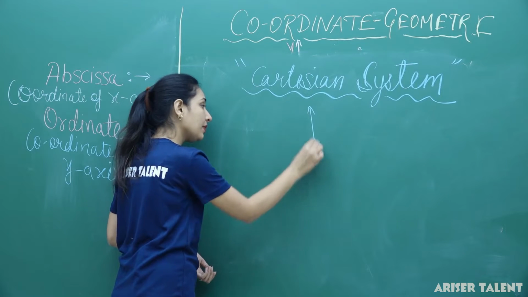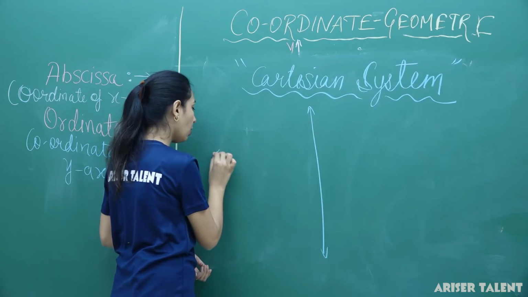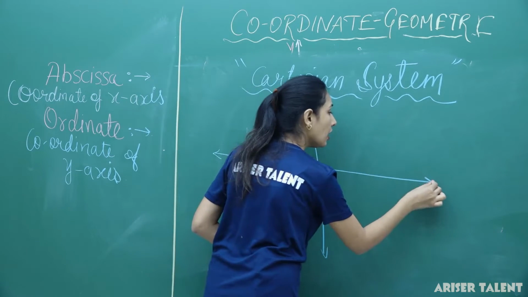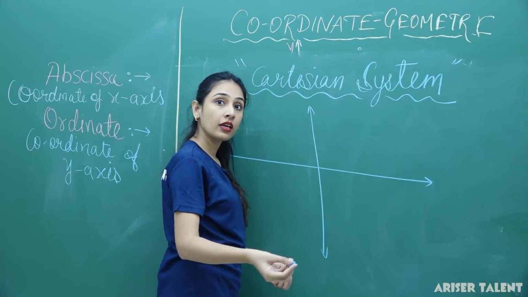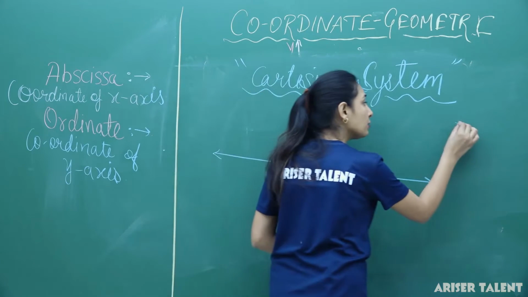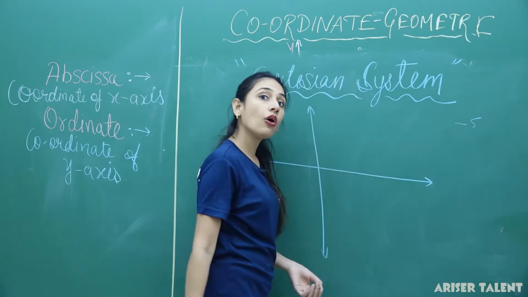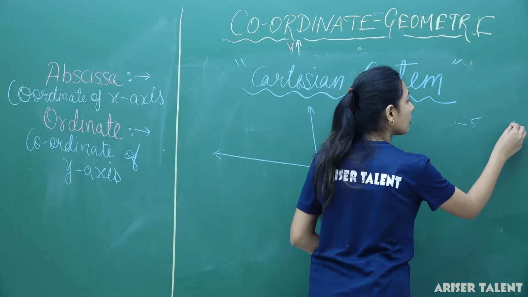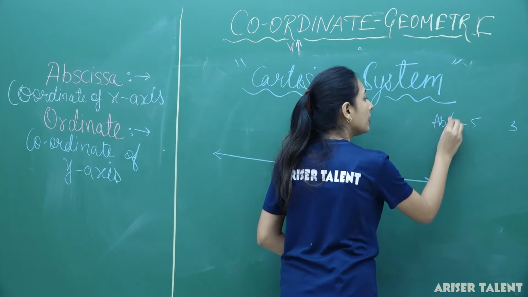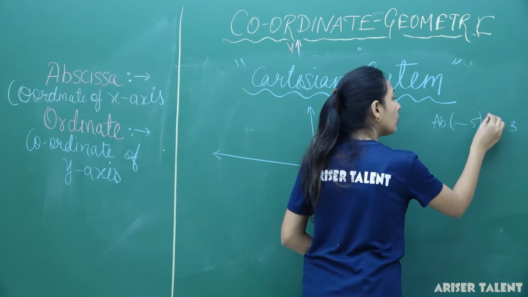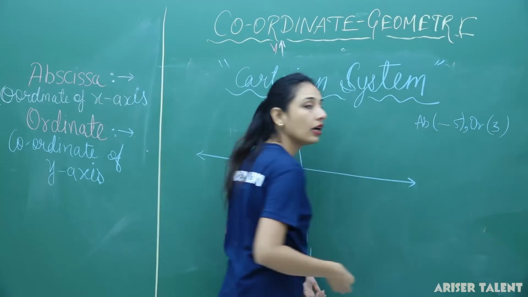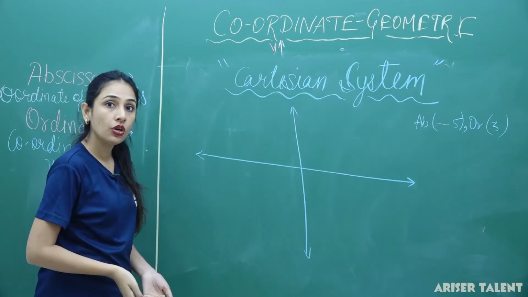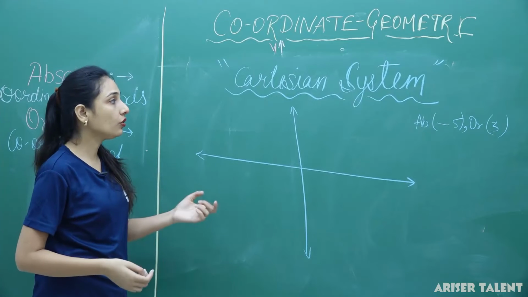Now, if the examiner tells us to draw or locate a point having abscissa equal to -5 and ordinate equal to 3, how will you denote it and show it?